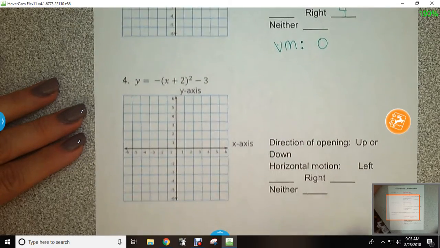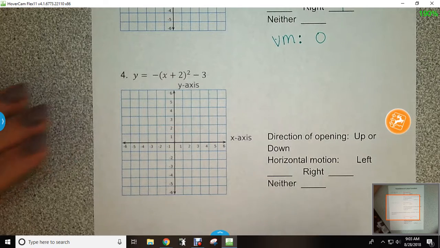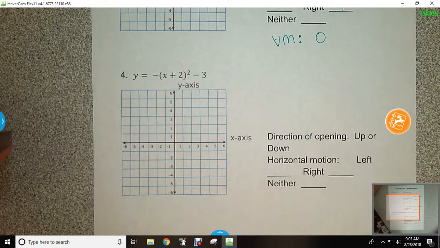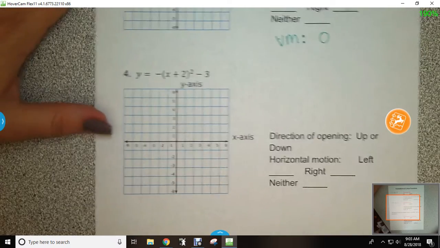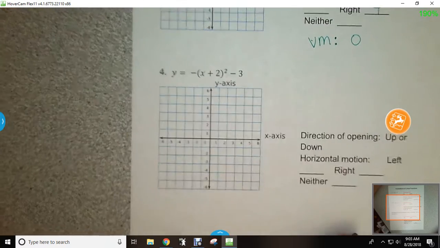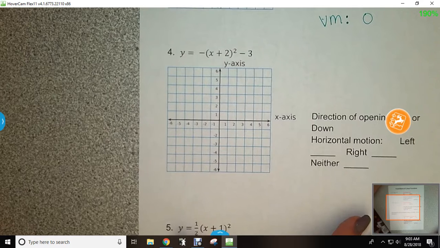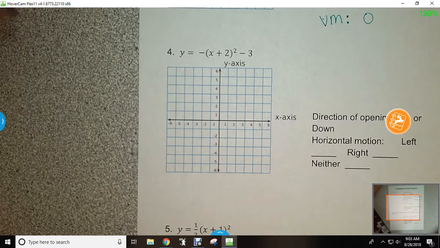Now, problem number 4 has lots of stuff in it. So we're going to grab our graphing calculator and graph it just as a review, and then we will sketch it on here and talk about the different types of translation, vertical motion, horizontal motion, all of that.